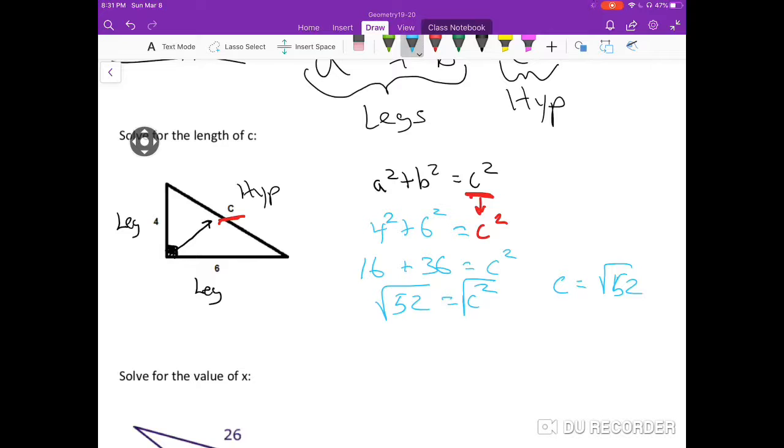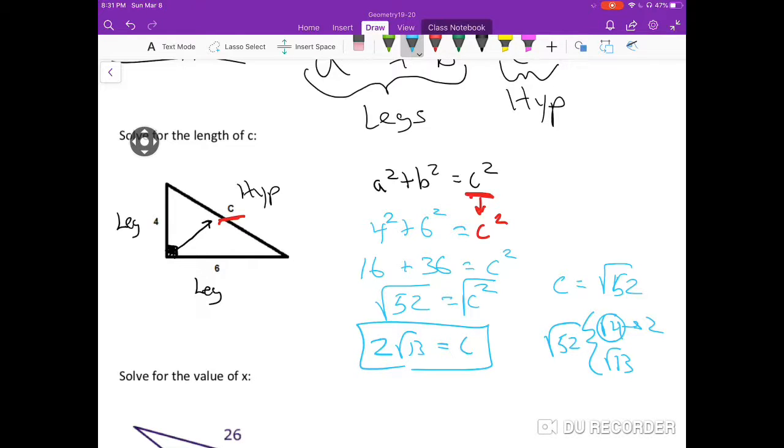So with the square root of 52, we're going to see if there's a perfect square that goes into 52. So we know, using our calculator, square root of 52, we can break down with the square root of 4, the square root of 13. Square root of 4 is 2, so the answer here would be 2 radical 13 equals c.